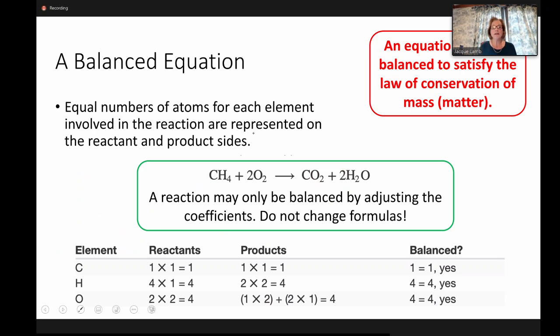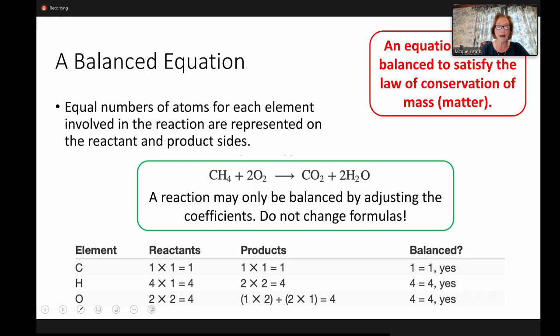So in a balanced equation, we have to have equal numbers of atoms of each element on both sides. Obviously, the elements are changing the molecules that they're residing in, they're reacting with other species, so they look different on both sides, but the number of each type of atom has to be equivalent, and that's to satisfy the law of conservation of matter.